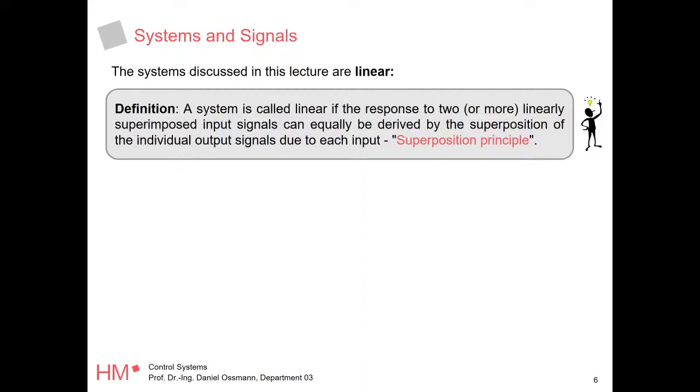I will try to paint it out. A system is called linear if the response to two or more, well, forget this more, let's focus on the two for now, linearly superimposed signals can be equally derived from the individual output signals due to each input.